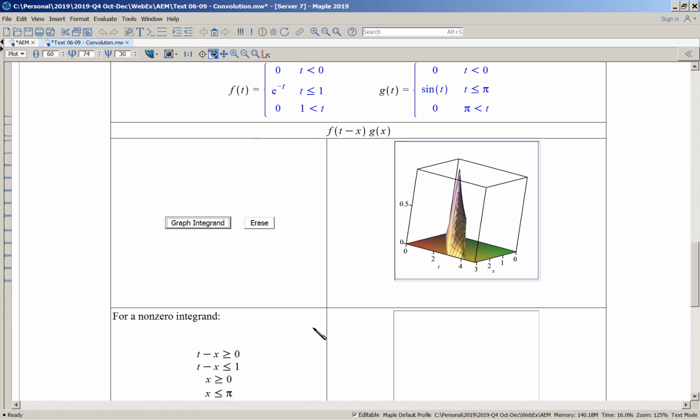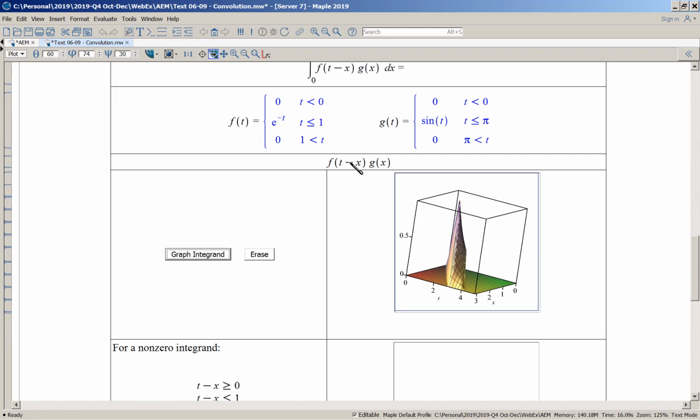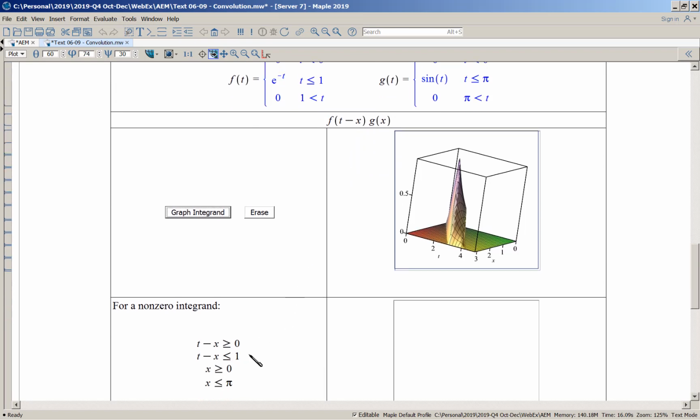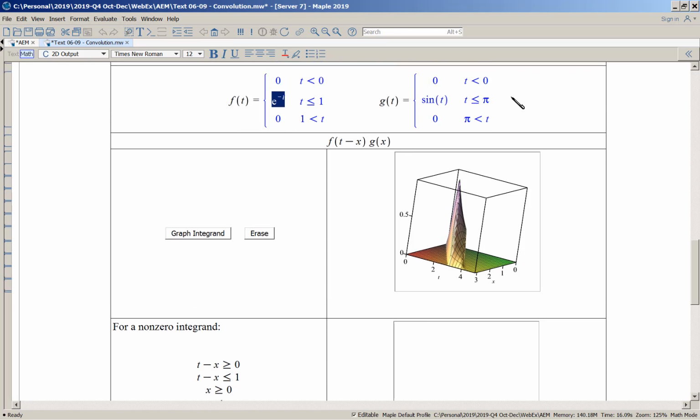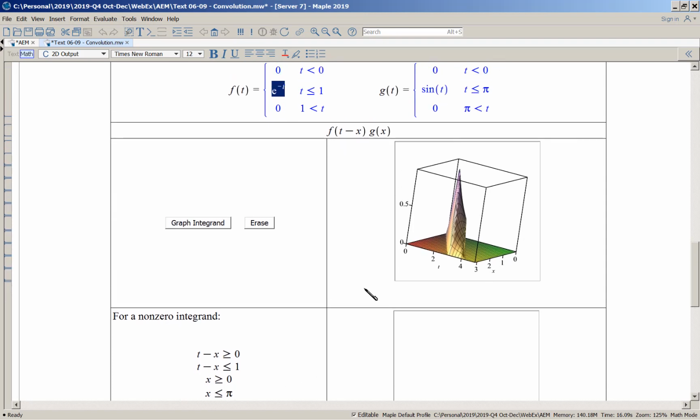That parallelogram is defined by these inequalities. Okay, you need t minus x to be greater than 0 but less than 1, so that you are using this function, and you need x to be greater than 0 and less than pi to be using this function.